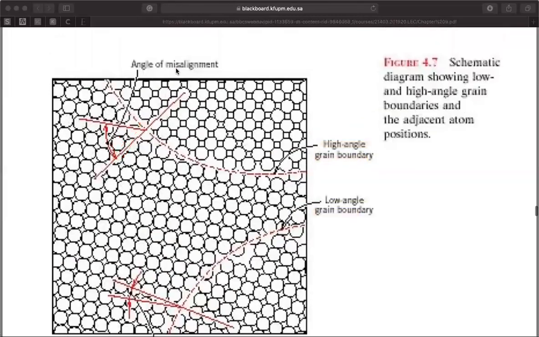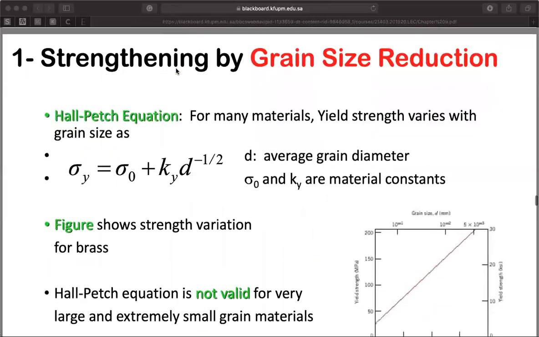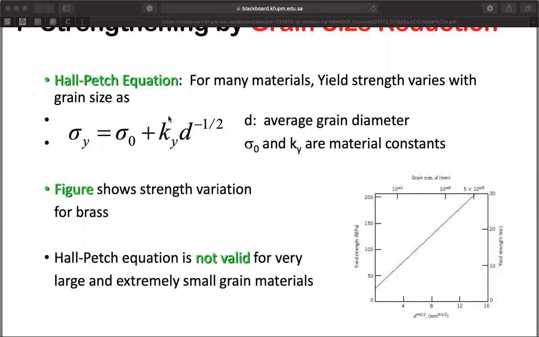And if you look at the yield strength of the material, we can correlate the yield strength with the average grain diameter of the material. Here, if you look at this figure, it shows the yield strength of the material versus the grain diameter.